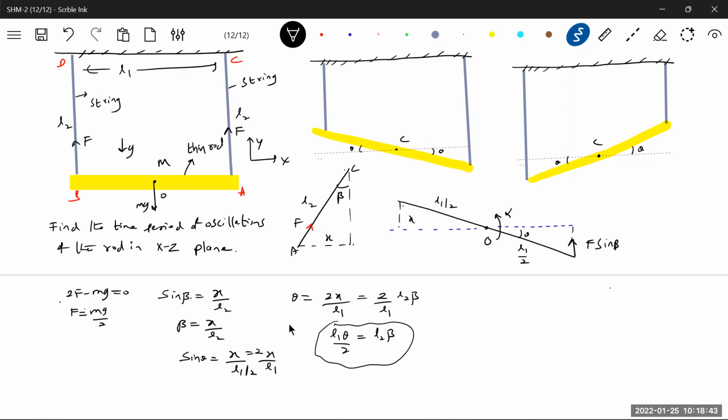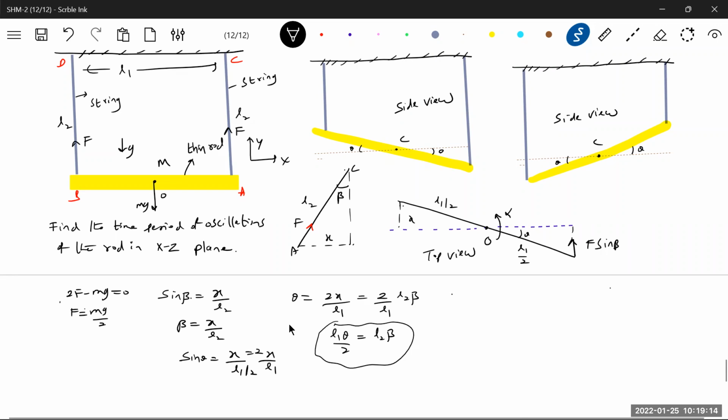Let's write the torque equation. We'll set up the restoring torque from this particular force only. That force will act at both ends of the rod, a component of tension F sine beta here, and here also F sine beta. This is the top view, and these are the side view. What about the torque equation?